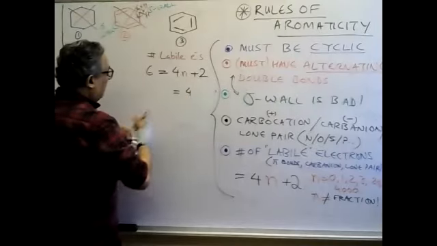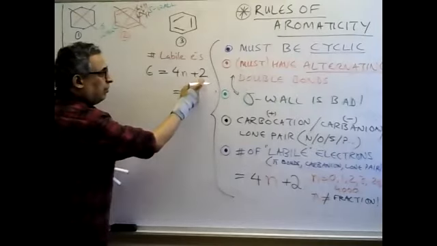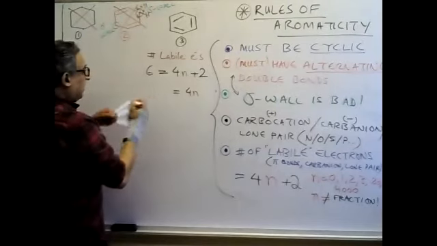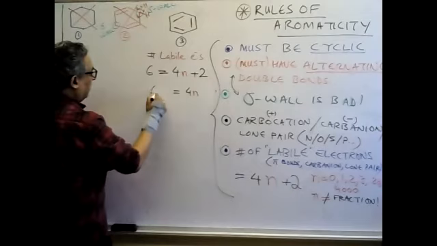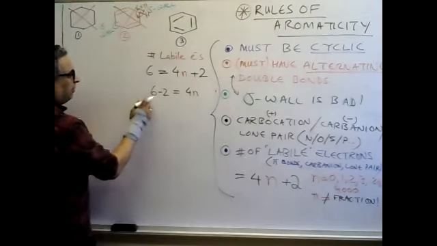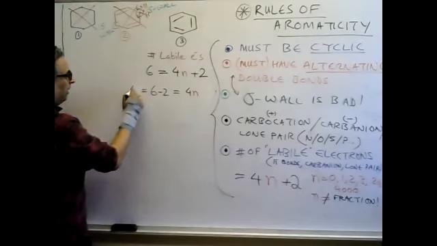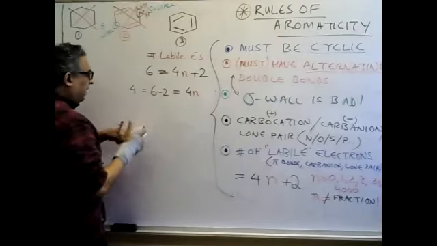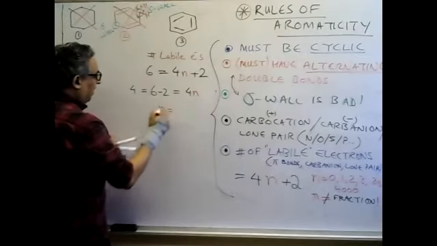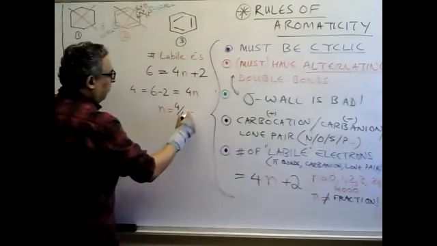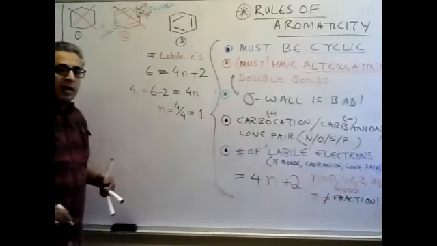4n on the right side, you know that when you move a number from right to left or left to right, it becomes negative. So you move 2 to the left side, it becomes 6 minus 2 becomes 4. So 4 equal to 4n, that means the value of n equal to 4 divided by 4 is equal to 1.